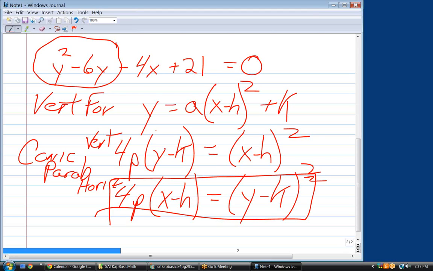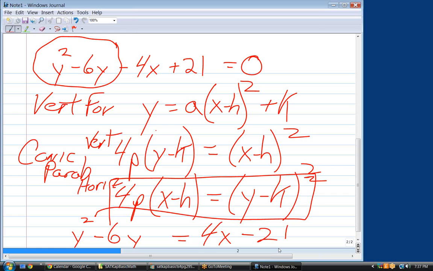And notice that in this format, everything else is on the other side. So let's start by leaving the y. I'm going to reverse these two, but you understand why. So we're going to put that on the left side, and we're going to put the 4x minus 21 on the other side. You with me? Yeah. Okay.